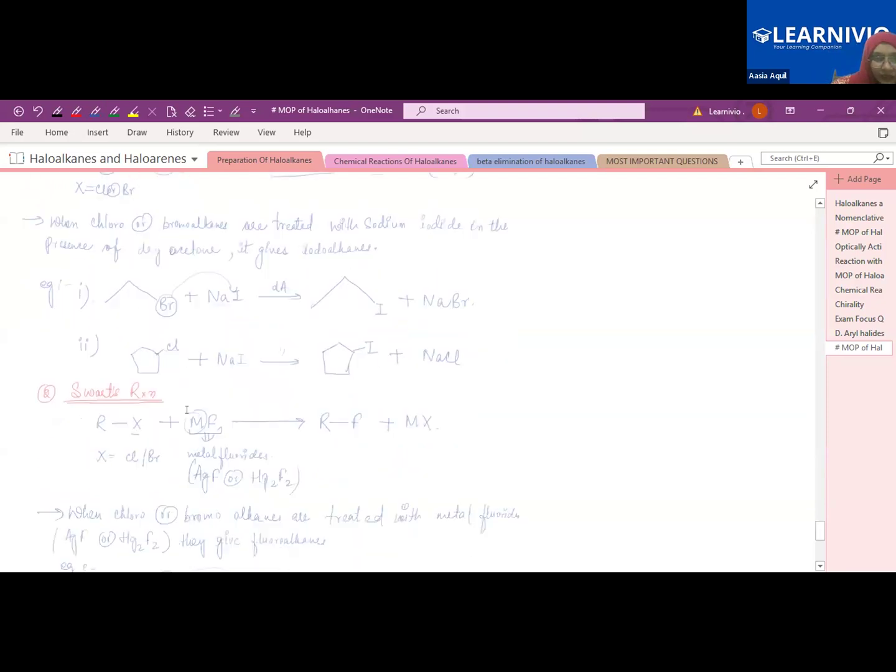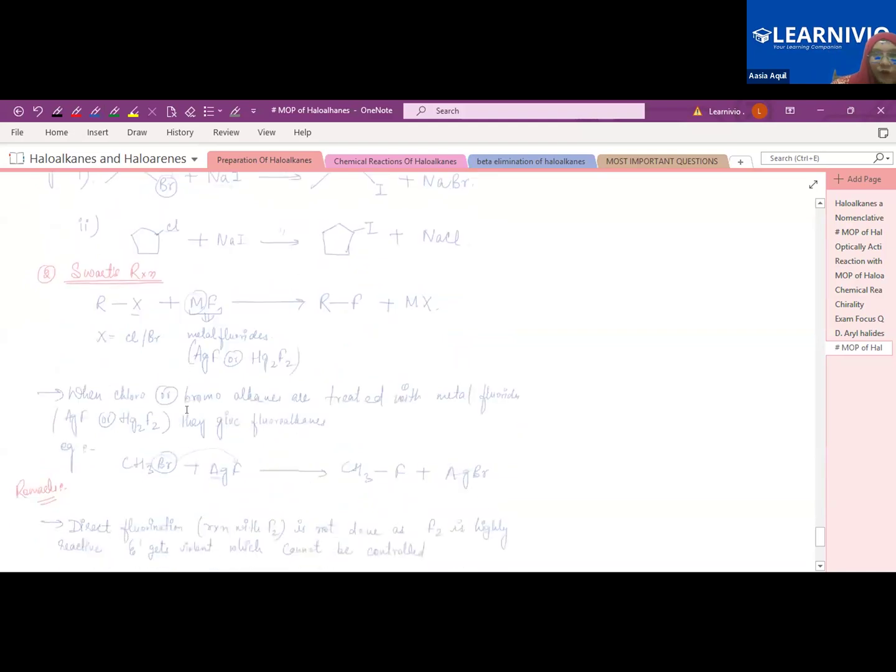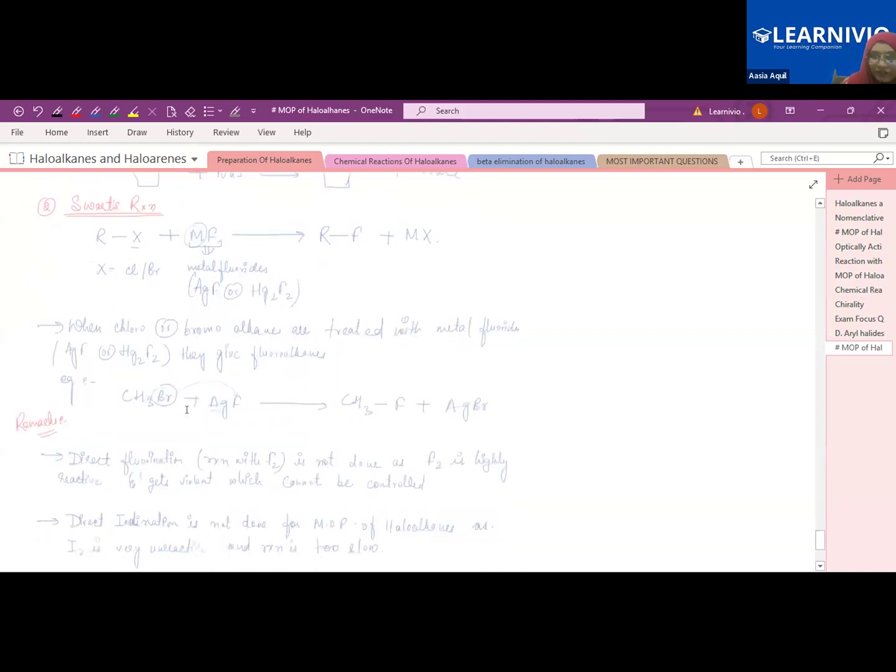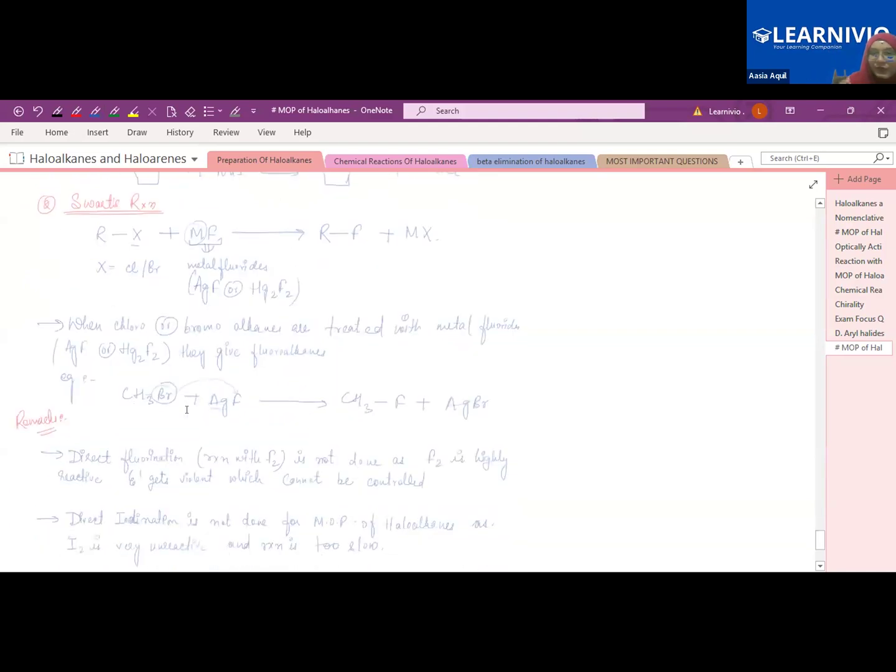Second, we discussed the Swarts reaction. It is the method in which we prepare fluoroalkanes. What is the reagent used in this reaction?